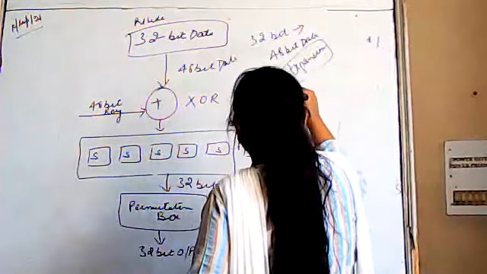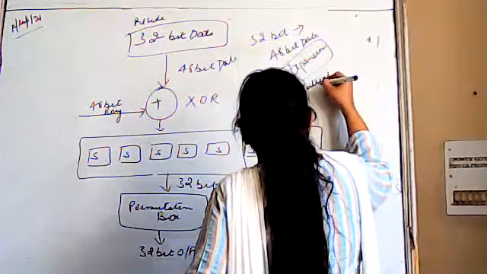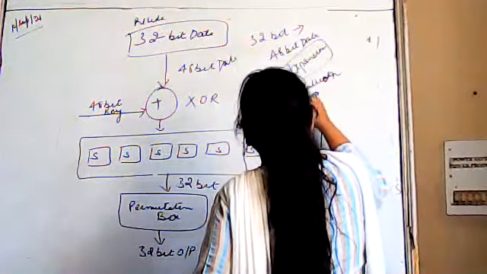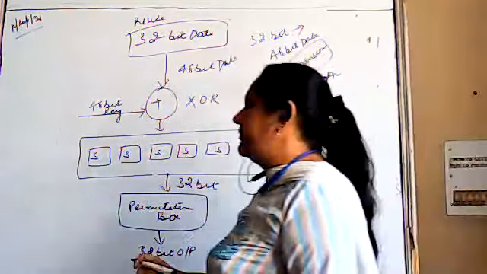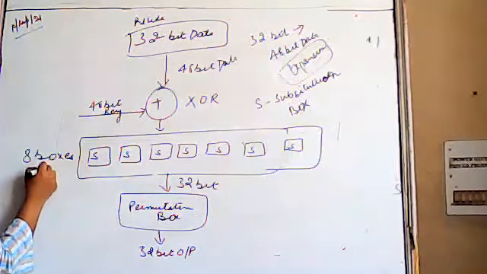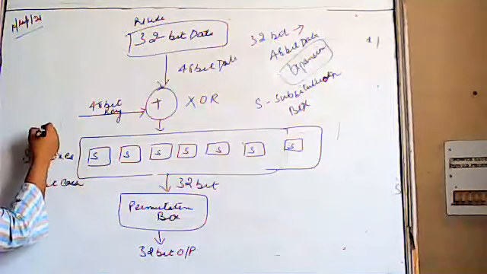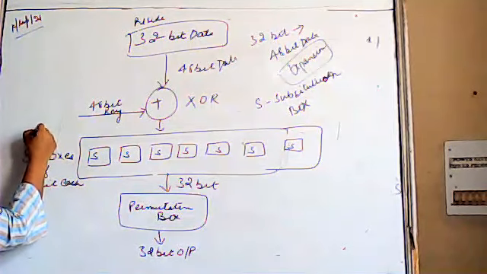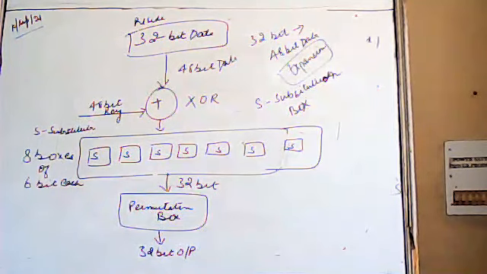S stands for substitution boxes. These are the 8 boxes of 6 bits each.